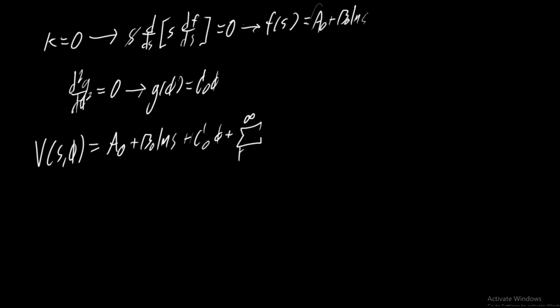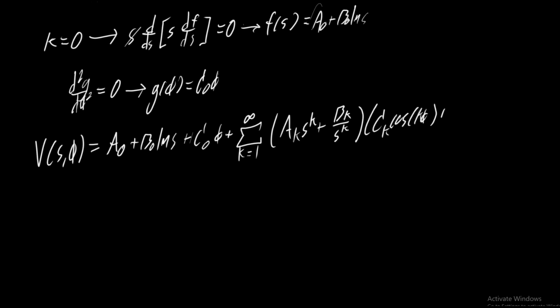Don't ignore it. Come on, use it. Alright, so this would be the general solution. And then we're going to multiply by c_k cosine k phi plus d_k sine k phi. And there you go.